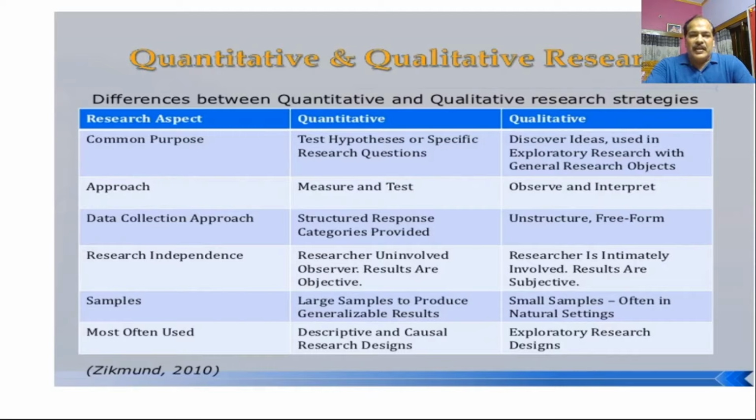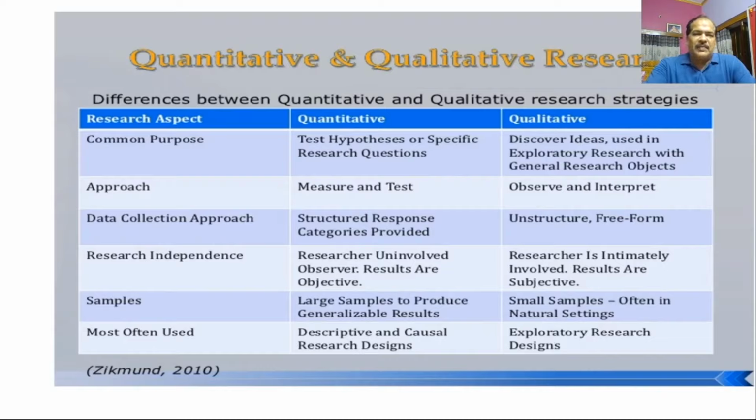While in qualitative methods, the researcher is intimately involved and results are very much subjective, in the way that they are affected by the researcher's way of interpreting the phenomena, way of looking at the stimulus, way of looking at reality.